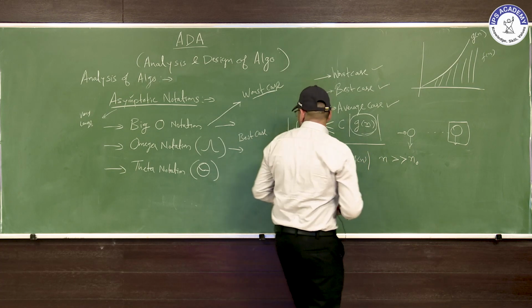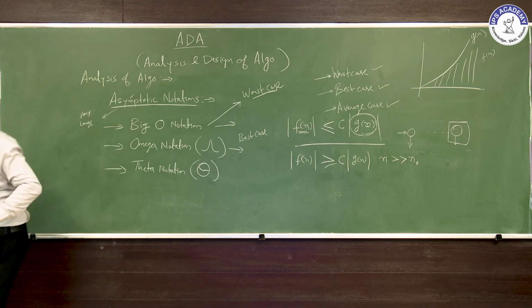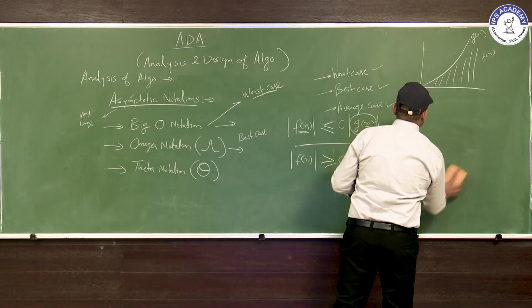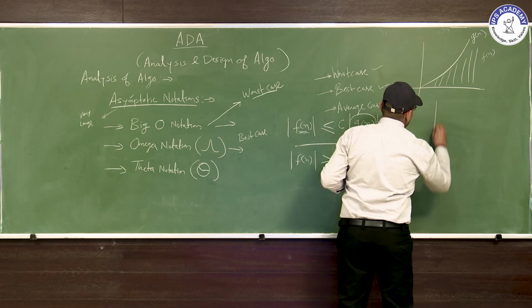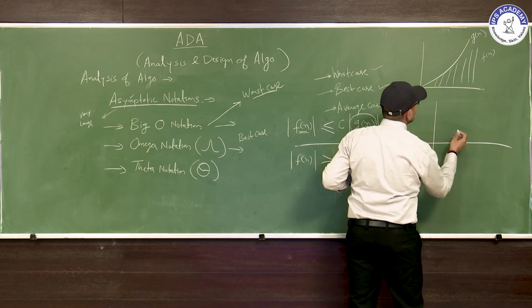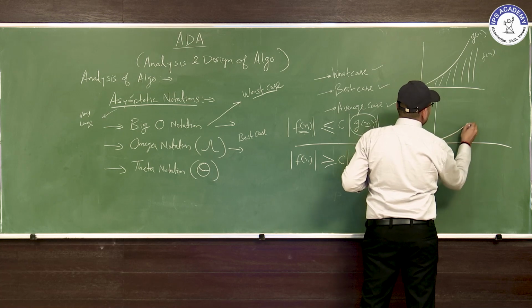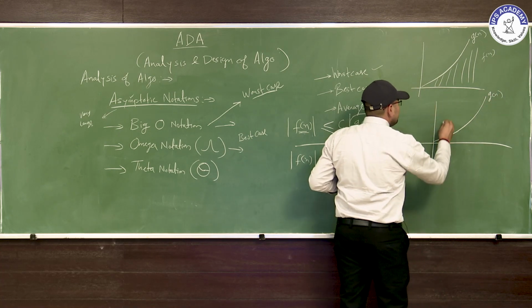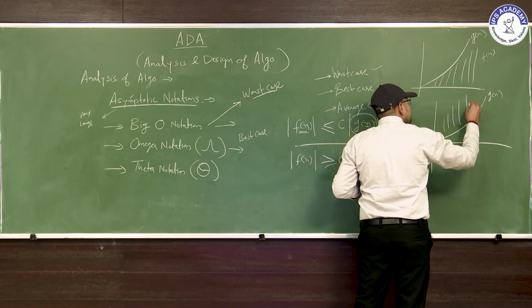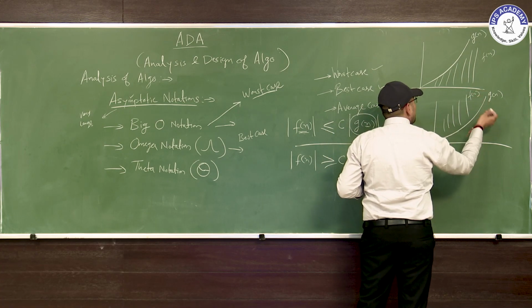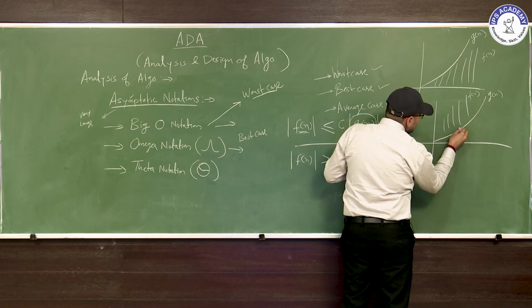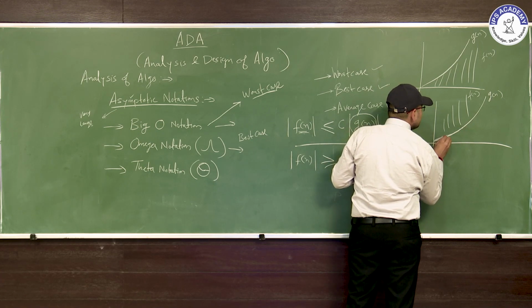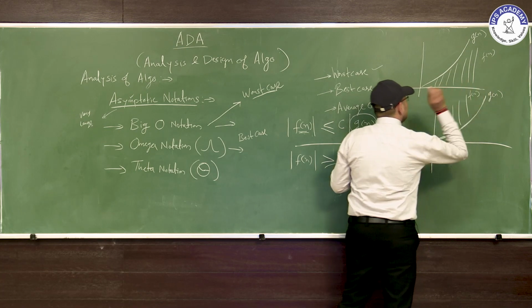So if we draw a graph corresponding to that, it would be like this. If this represents g of n, then the f of n would lie somewhere above this curve, and at most it will be equal to this curve g of n.